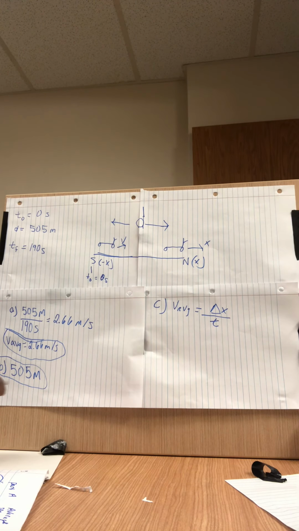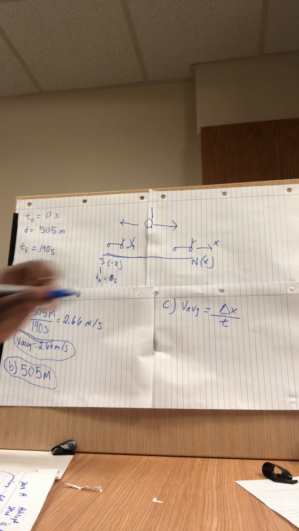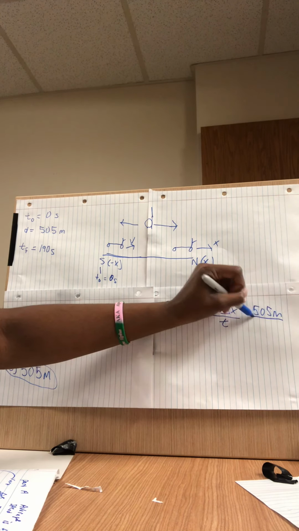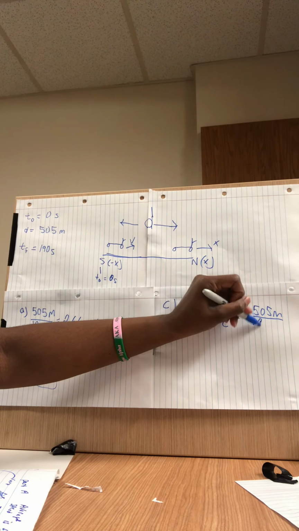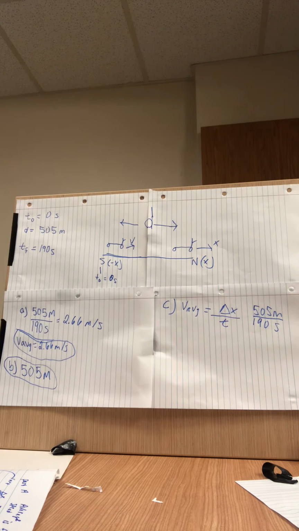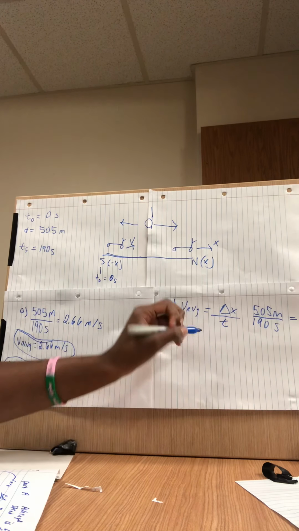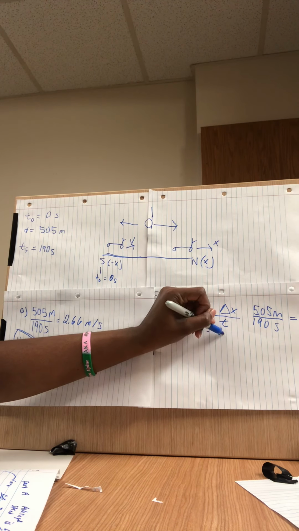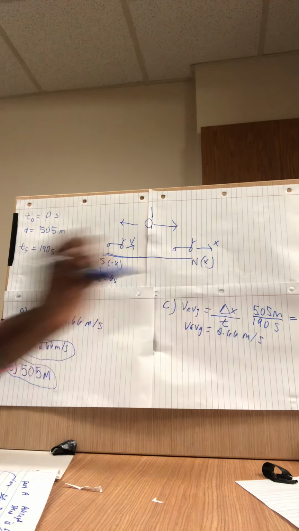So we said our displacement was 505 meters divided by our time, which was 190 seconds. And that will give you the same number that was in A if you did your division right. So your velocity average would equal 2.66 meters per second.